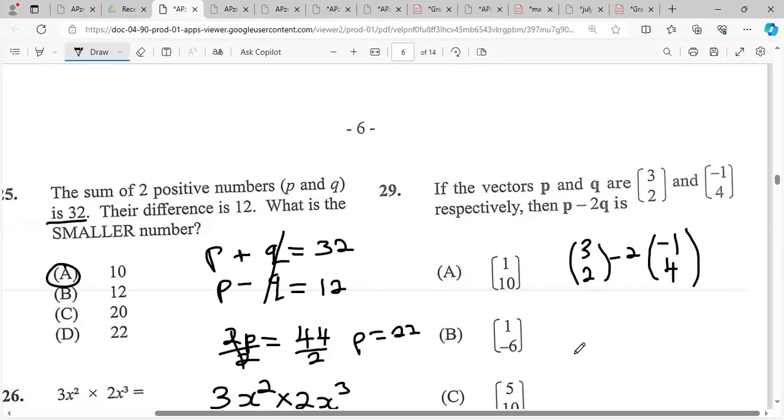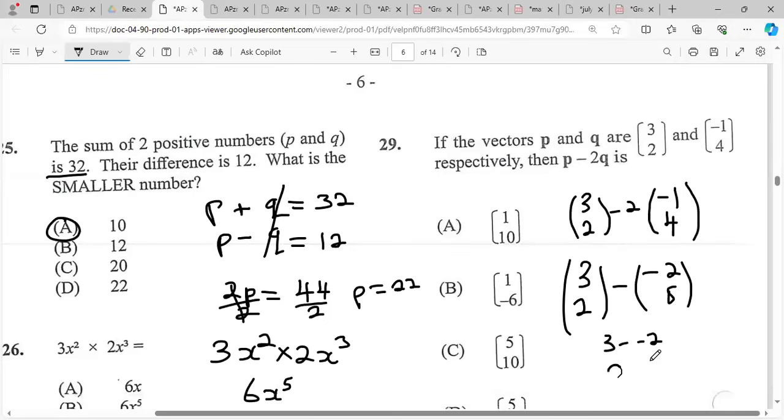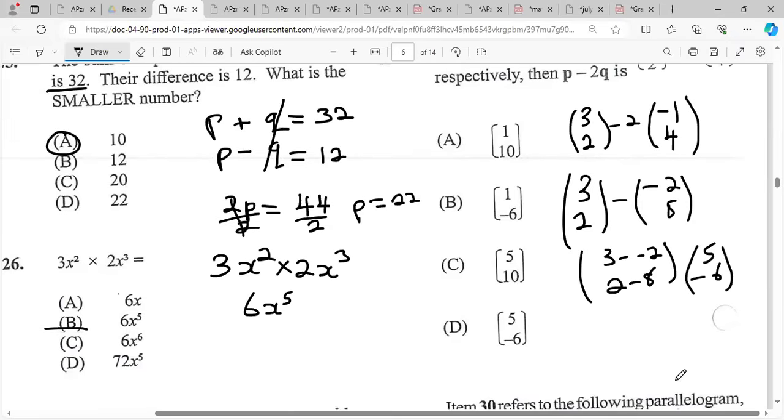Negative 2 times negative 1 is 2, and negative 2 times 4 is negative 8. So it will be 3 minus (-2) and 2 minus 8, which gives us (5, -6). This one looks like a repeat. I feel like I recently did this one. It's D. All right, so we're going to stop at 30.